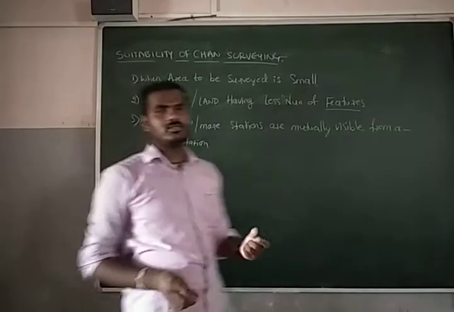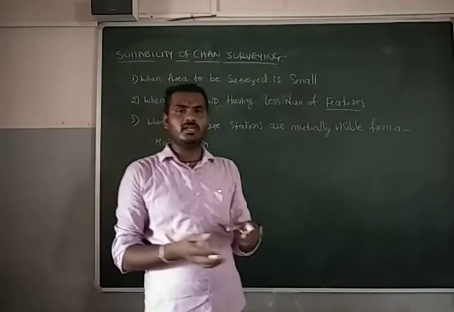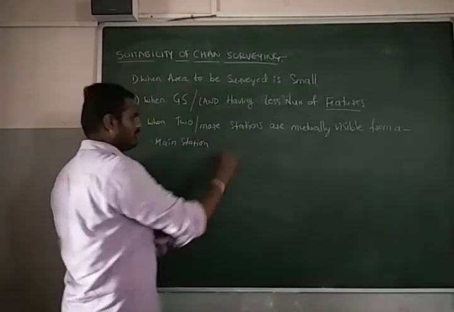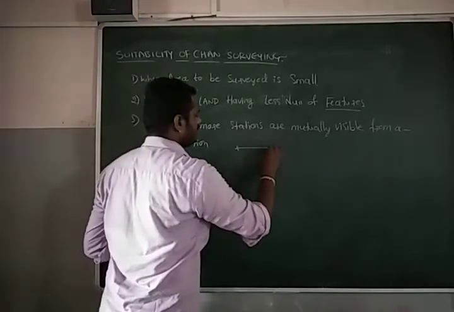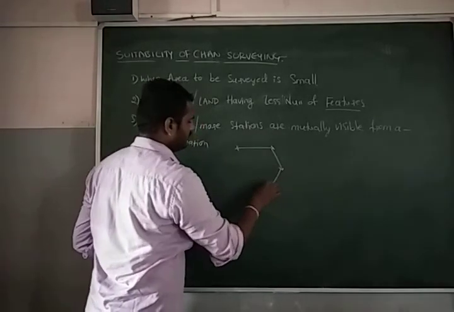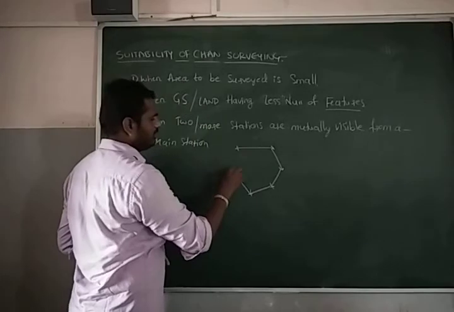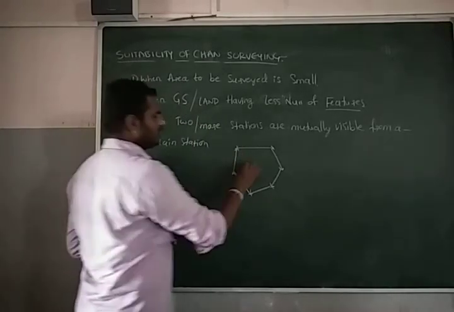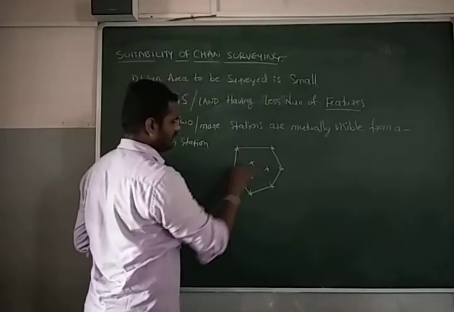Suppose when you are doing chain surveying, there may be a possibility to locate a number of stations. You may measure this distance from here to here, from here to here, and so on. So you may have some internal stations like this.